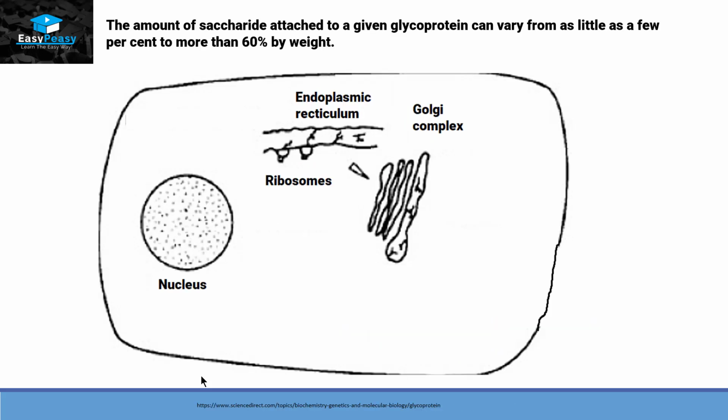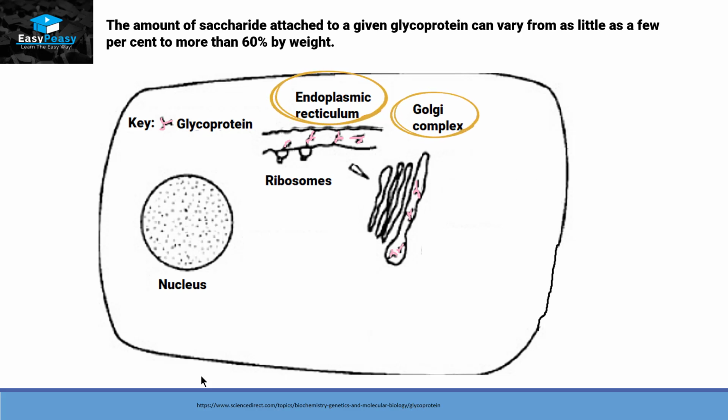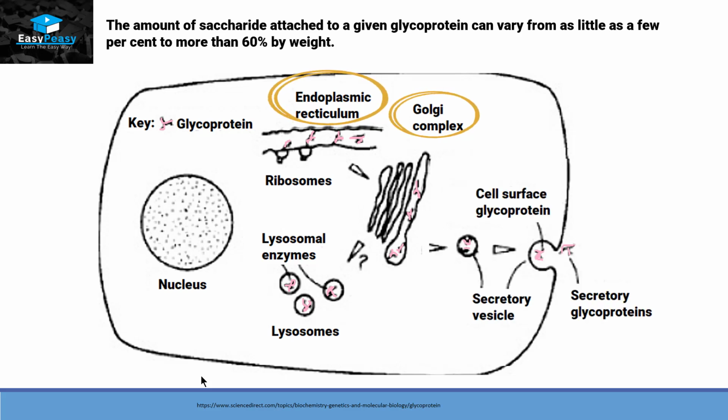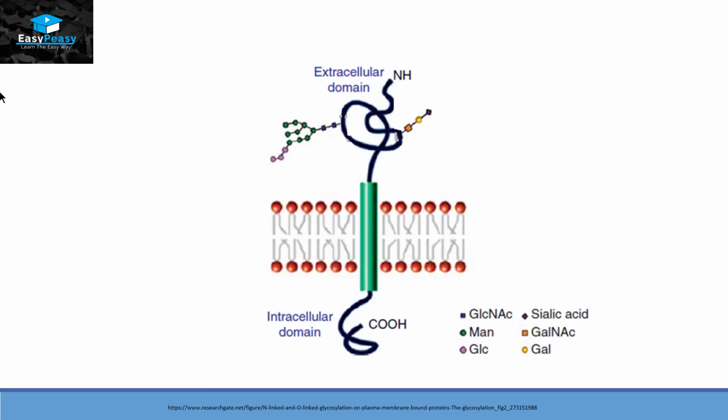The amount of saccharide attached to a given polypeptide chain can vary from as little as a few percent to more than 60% by weight. The most common location of the attachment of glycoproteins is the endoplasmic reticulum and Golgi complex. From there, they can either go into the lysosomes or go towards the cell surface.